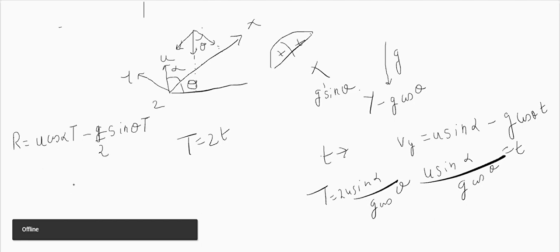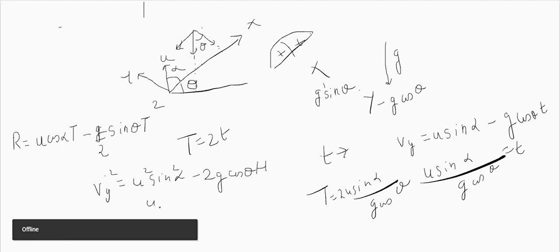Similarly we can find the value of h from the vertical third equation of motion, that is Vy square equals u square sine square alpha minus 2g cos theta into h.